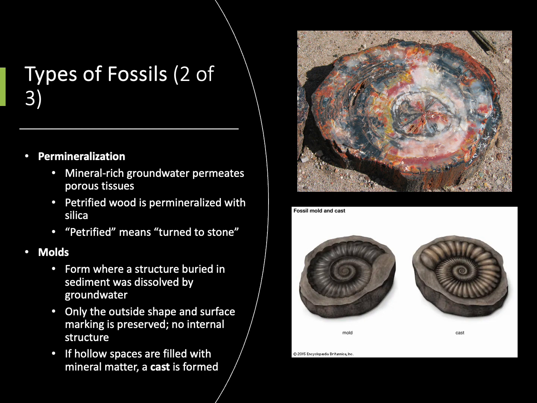But we can also, at a later time, once that organism has decayed away and the sediment holding on to its outside shape has solidified, if all of those inner parts is then filled, we'll have a cast. So if we just have the outside shape and size of the organism, it's a mold. If we have an inside kind of filling of that mold, then it's a cast.